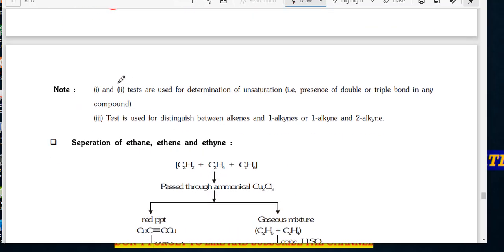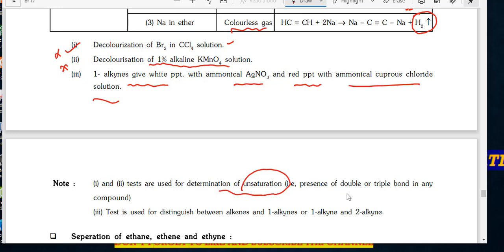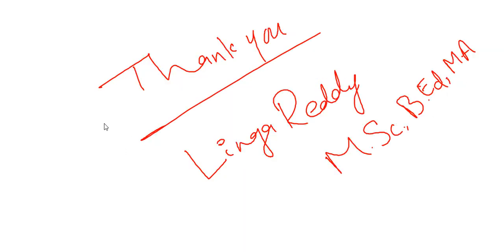Note, tests 1 and 2 are used for determination of unsaturation, that means for alkenes and alkynes. The third test is used to distinguish between alkenes and alkynes, as well as 1° alkynes and 2° alkynes, like that. Okay, thank you.